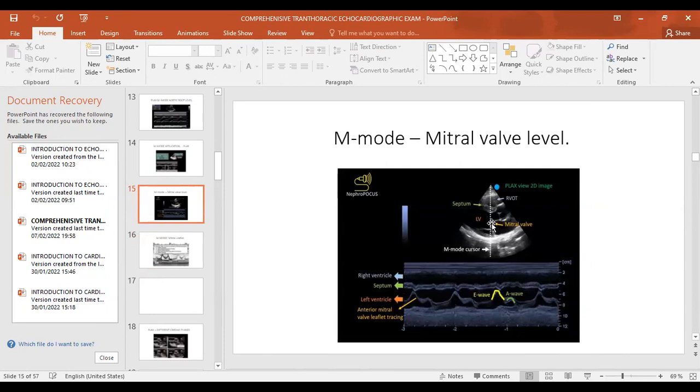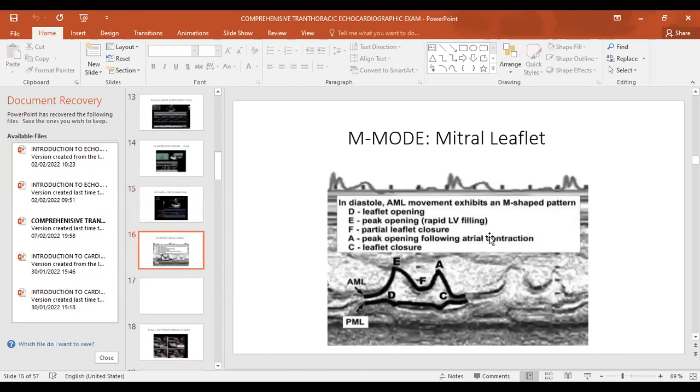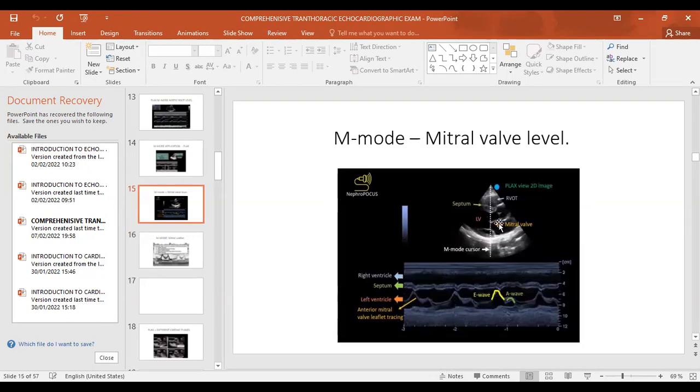So at E, when there is peak opening, the anterior mitral valve has to touch the septum. Touching the septum shows you indirectly that the left ventricle is receiving the expected volume of blood, because the valves have opened widely and it has filled.